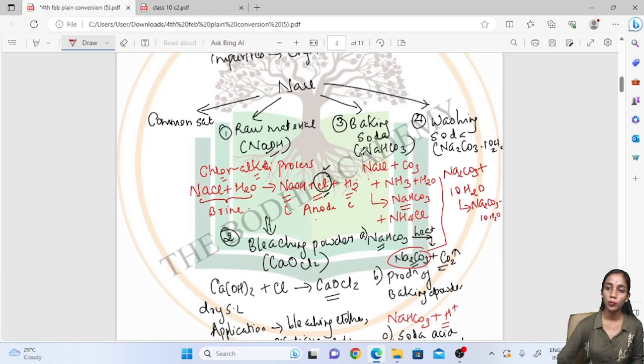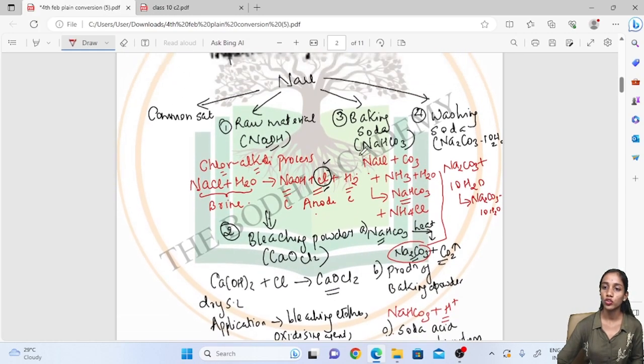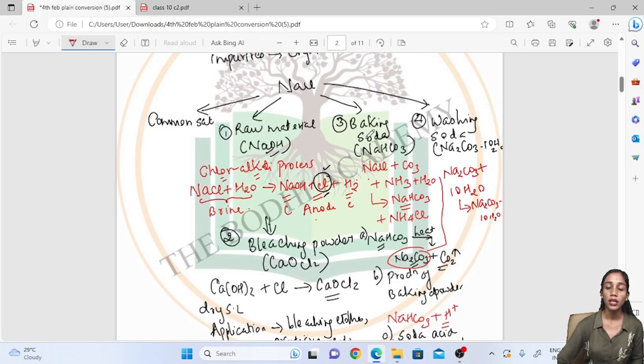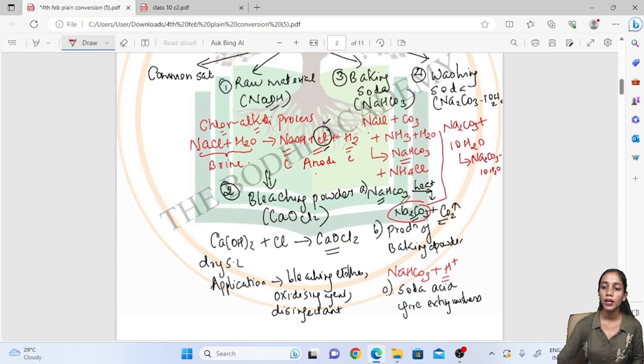The third compound obtained from NaCl is sodium hydrogen carbonate, which is commonly called baking soda. It is produced by the reaction of NaCl plus carbon dioxide plus ammonia and water. You get sodium hydrogen carbonate plus ammonium chloride. This can also be used for the production of baking powder, wherein you add a mild tartaric acid.